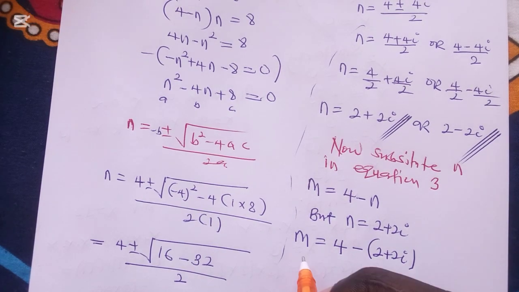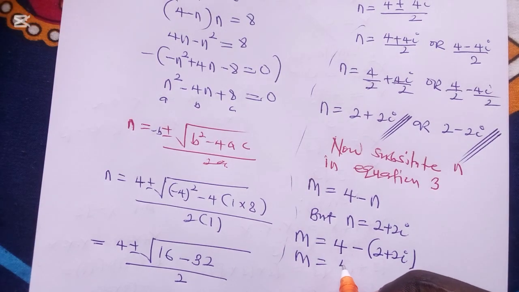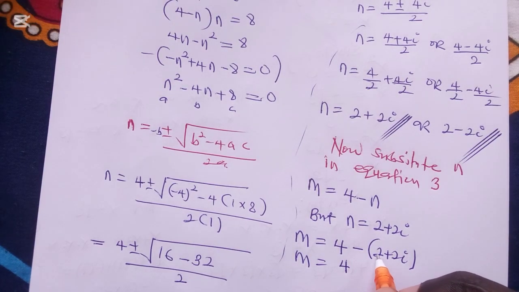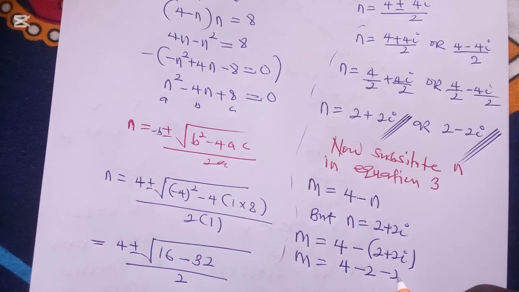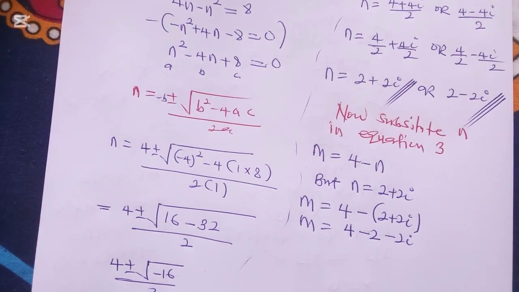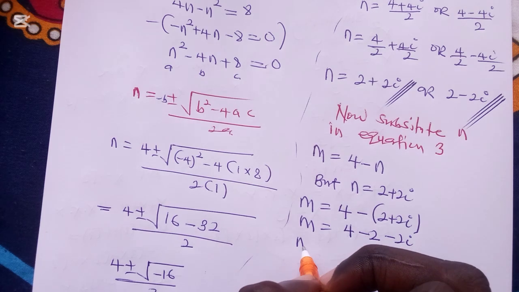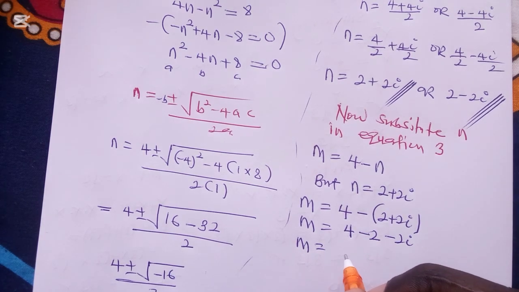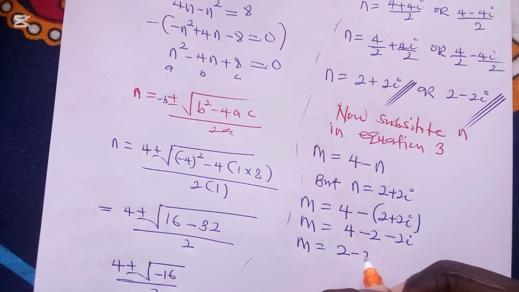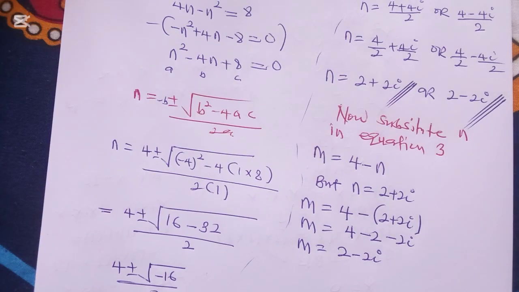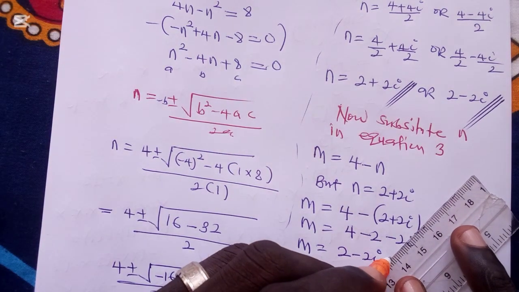Then if you simplify here, the value of m becomes 4 minus 2 minus 2i. So the value of m becomes 4 minus 2 giving you 2 minus 2i. So this is the first value of m that we have.